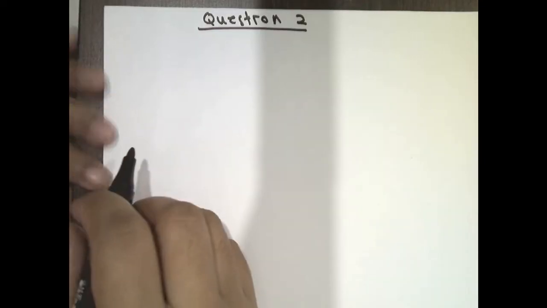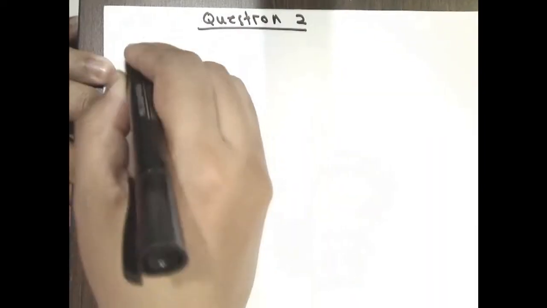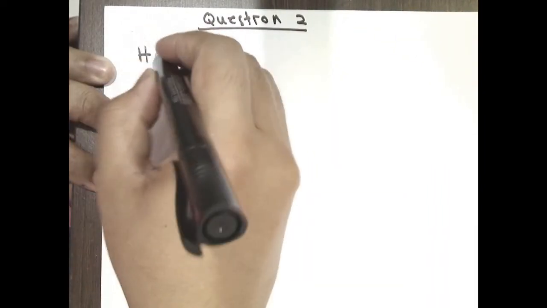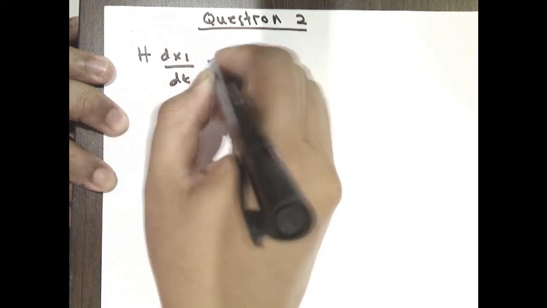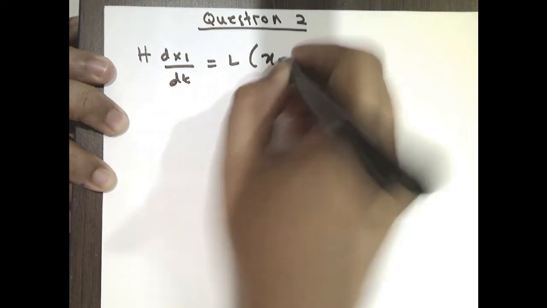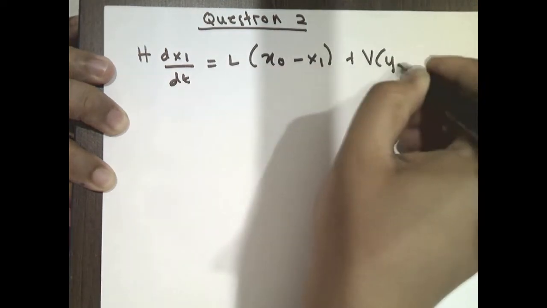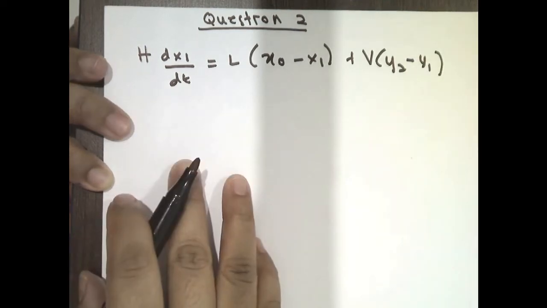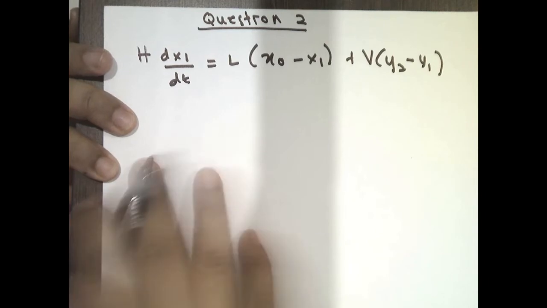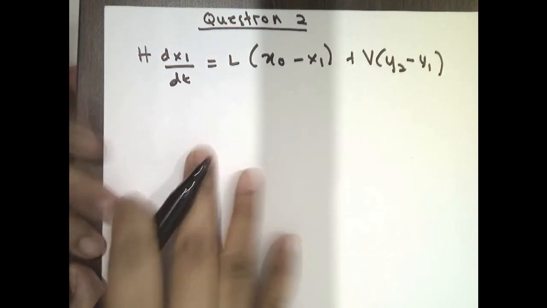So for question number 2, for transfer function, we have this equation. Basically, we need to linearize this differential equation first because it's in the form of nonlinear.